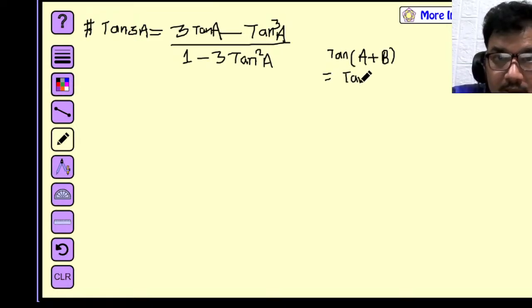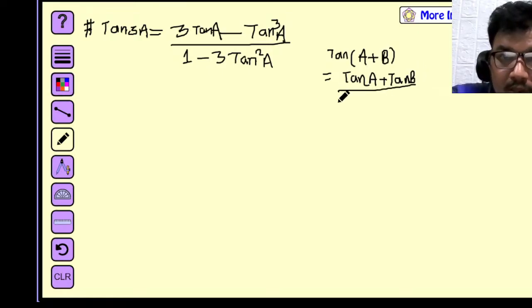Tan(A+B) means tan A plus tan B, divided by 1 minus tan A into tan B. This is the formula for tan(A+B).